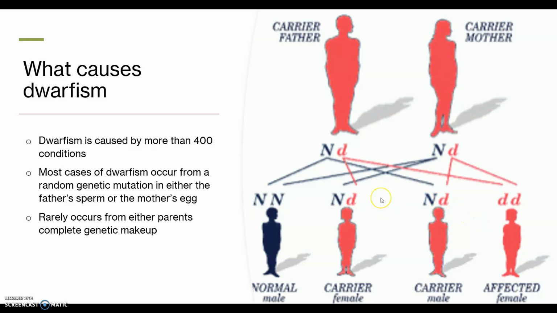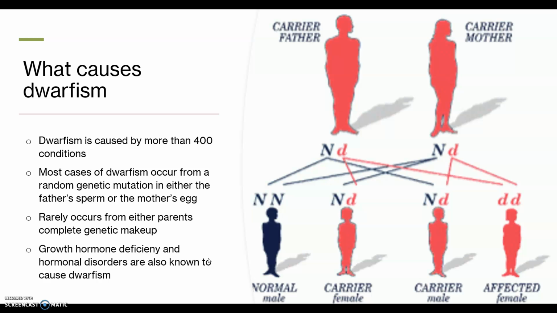They have a 50% chance of having a child that's a carrier of dwarfism, and it could be either a male or a female. However, they also have the chance of having a normal child which will not have the dwarfism mutation. Growth hormone deficiency and hormonal disorders are also known to cause dwarfism.